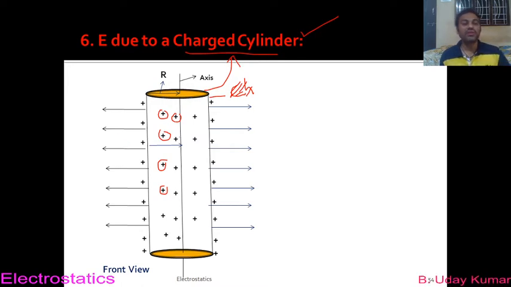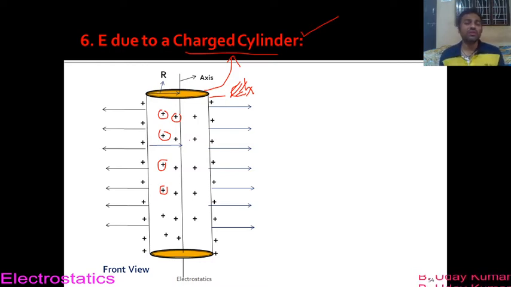Anyway, I have taken the radius of this charged cylinder as capital R. You have to remember this, because in our derivation we are going to get two r's, one capital R and another small r. Capital R is the radius of the charged cylinder that I am considering.